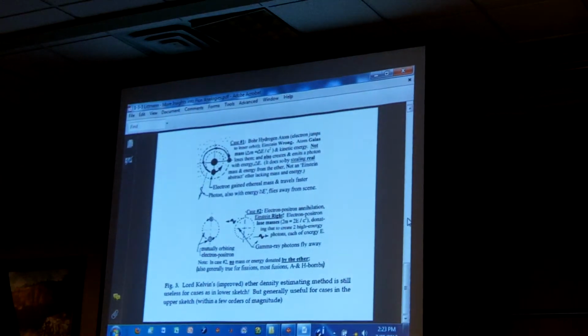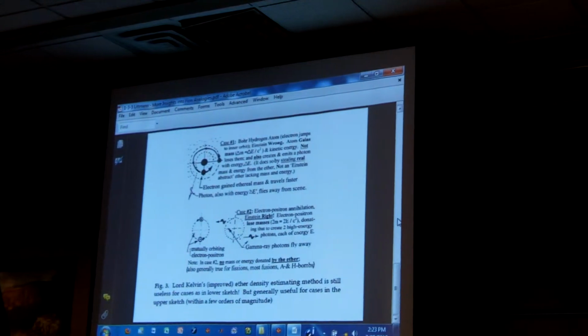But note, in the Bohr atom's case, its now closely orbiting electron gained that much extra mass in kinetic energy, not lost it.